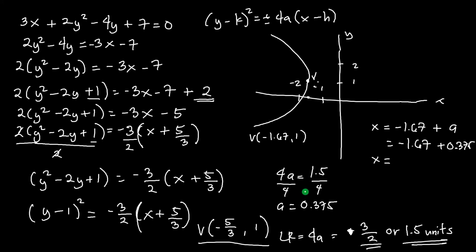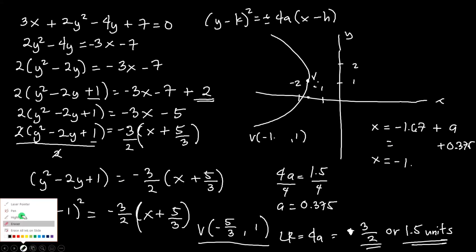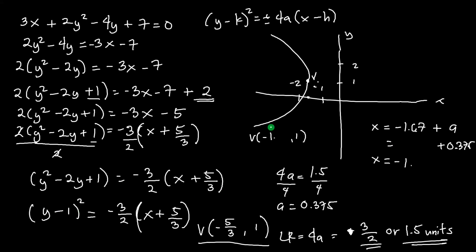Actually, we can write 1.667 for 3 decimal places, just to be accurate. Okay, let's use 3 decimal places for the coordinates of the vertex. Okay, negative 1.667, negative 1.667. So adding that, 0.375, negative 1.292. So negative 1.292 is right here.